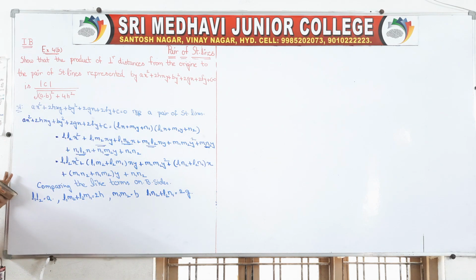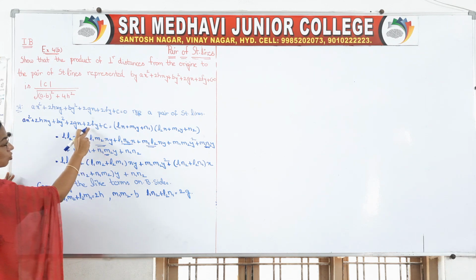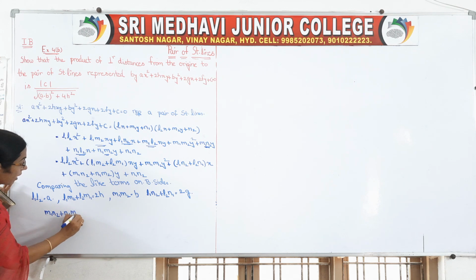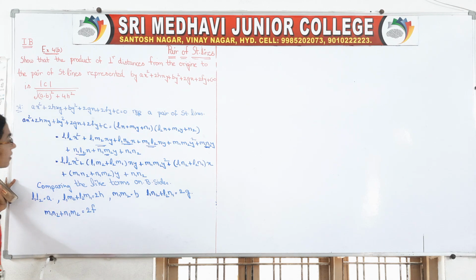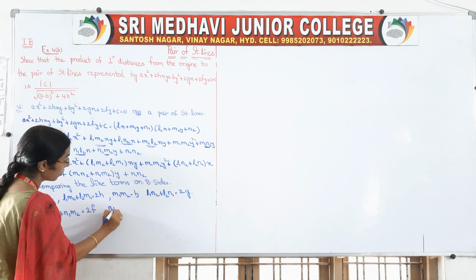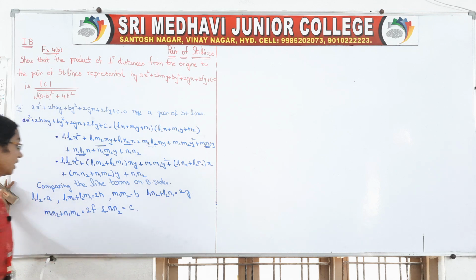Similarly the y coefficient is 2f, so M1 N2 plus N1 M2 is equal to 2f. Last the constant: N1 N2 is equal to c.